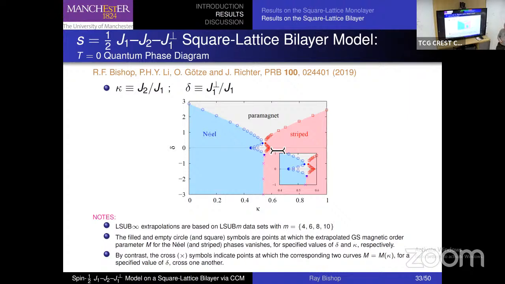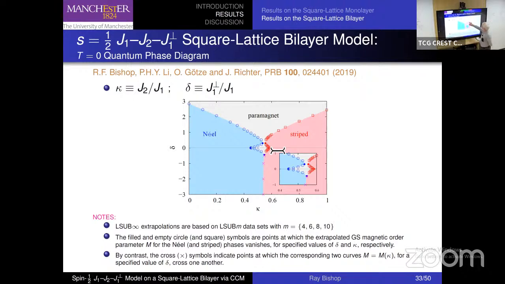Yeah. So we're about here. That's what I'm saying, right? What I know here is that the blue region is colored so that in the whole blue region, the Néel order parameter is non-zero. It goes to 0 at the edges of this boundary.